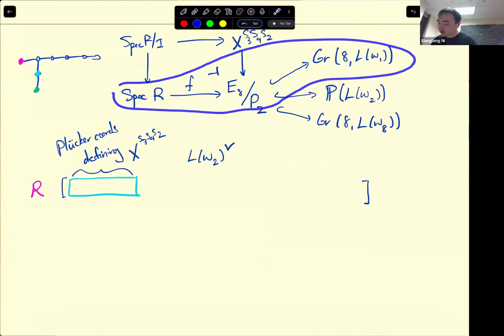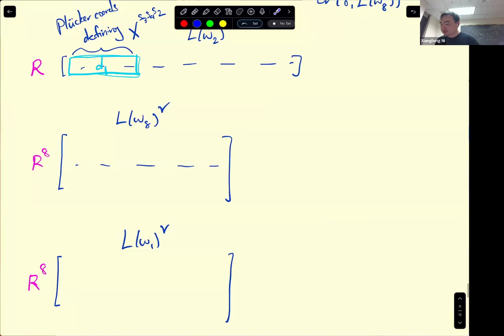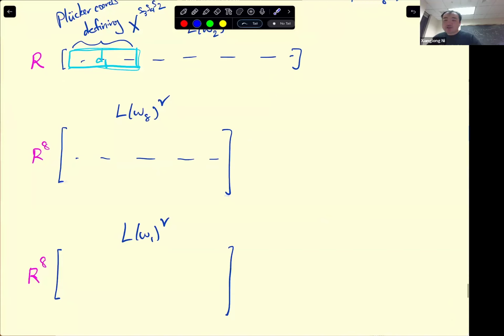And the beautiful fact is, well, what was I saying earlier? I was saying that the ideal generators show up here. Or if I think about the resolution of the ideal, I can say that the differential d1 shows up here for the ideal of grade 3, this grade 3 perfect ideal I'm looking at. And the beautiful fact is that if you look at the embeddings of E8 mod P2 into these other Grassmannians, and you write down these representations as matrices, you can actually see the other two differentials of the resolution of length 3 as these other two matrices.